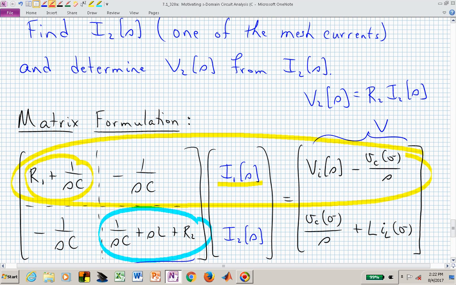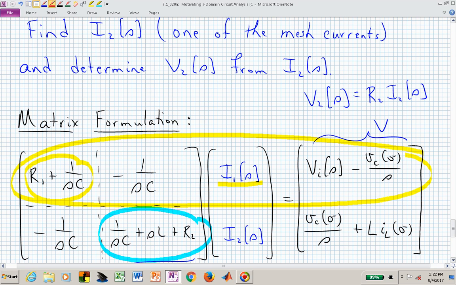The driving or source terms on the right-hand side are going to be determined by whether they encourage a more positive behavior for I sub 1 or impede it. If they encourage, we will put that voltage in with a positive sign.